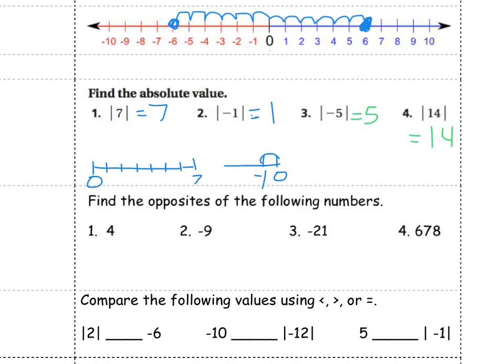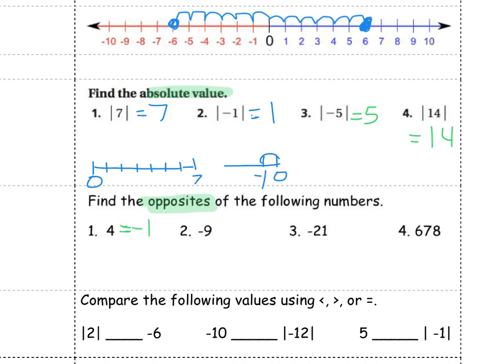All right, how'd you do? Please mark it wrong if you got it wrong so we can talk about it when you come to class. The next ones, so this was absolute value. These are opposites. Don't get them confused. Opposites can have negatives. So here, the opposite of 4, so 4 is 4 away. On the other side of 0 is -4.